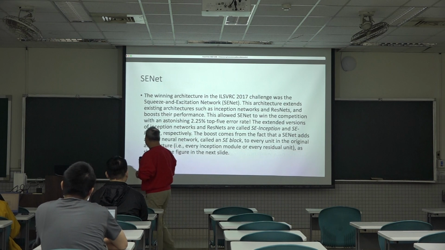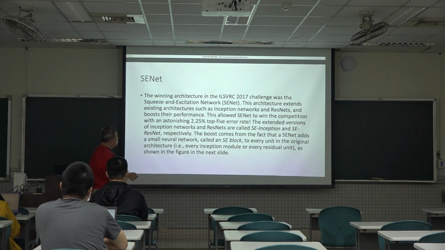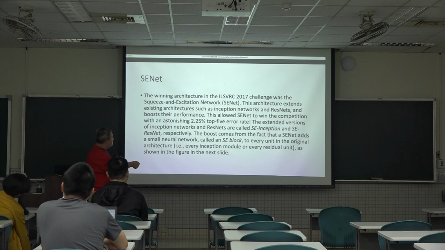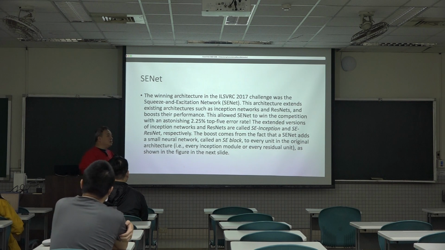So from a 3% error rate to a 2.25% error rate, this is close to a 25 to 30% improvement. Well, I think it's a 25% improvement over the top 5 error rate.